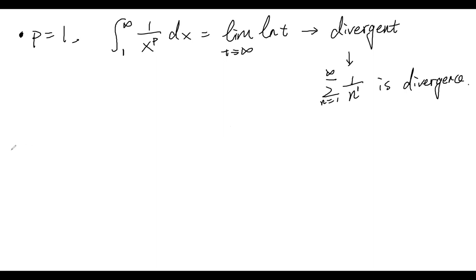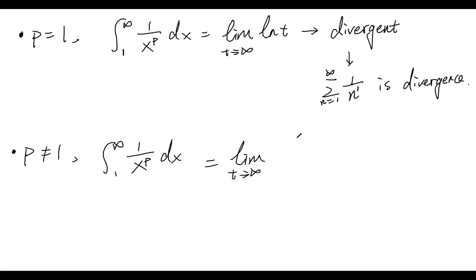The other case is when p is not equal to 1. Then this integral of 1 over x to the p dx from 1 to infinity is equal to the limit as t approaches infinity of 1 over 1 minus p times t to the 1 minus p minus 1. And there are two subcases here.